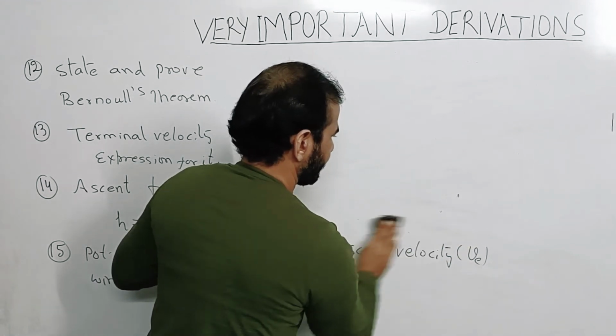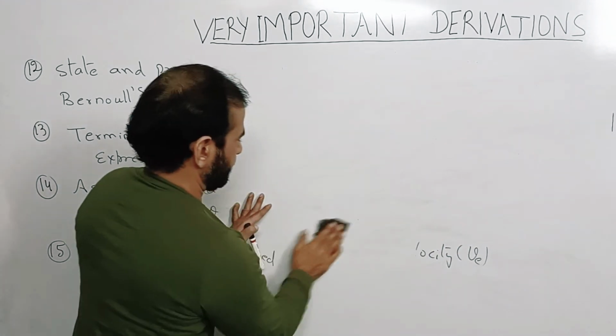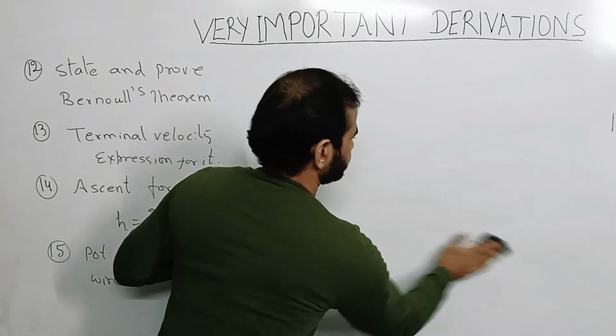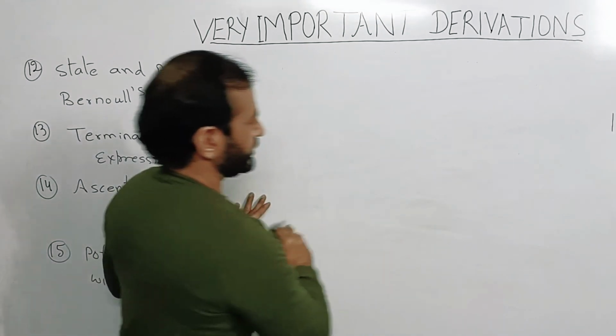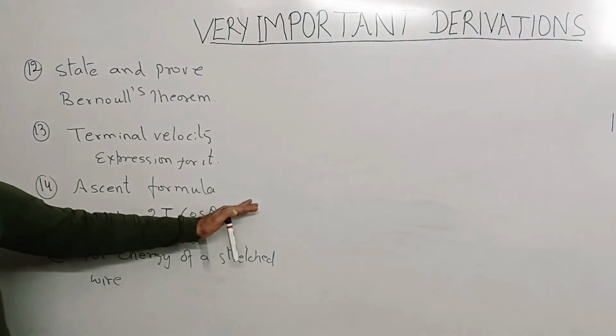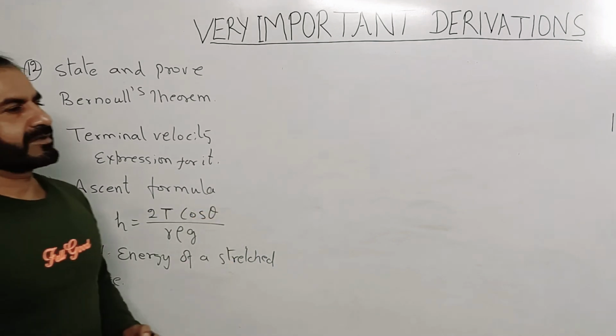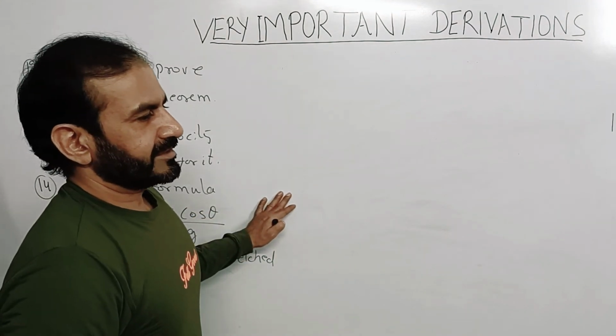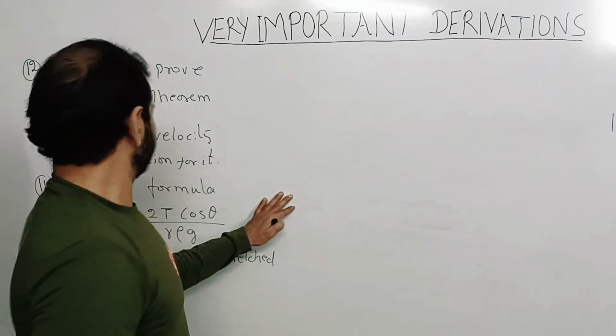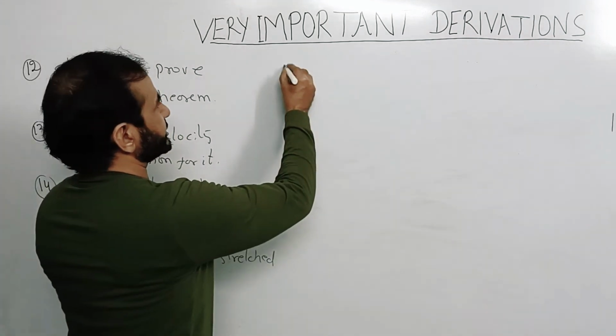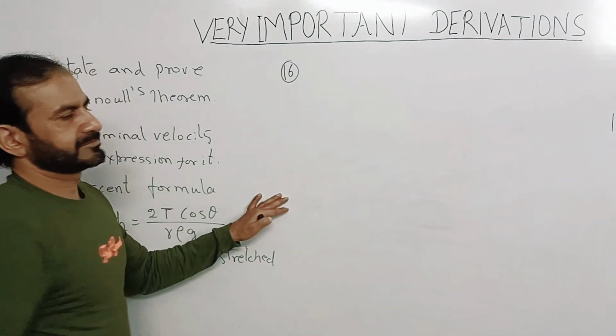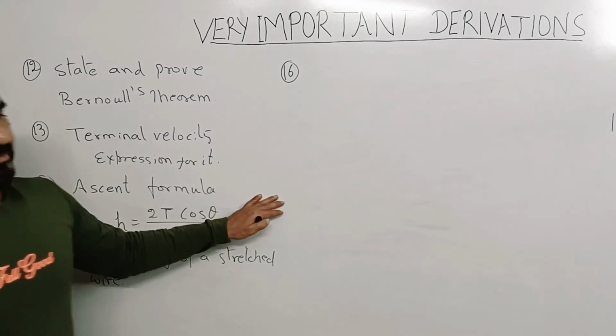Now heat and thermodynamics. Heat and thermodynamics. This is number 16. Mayer's formula.